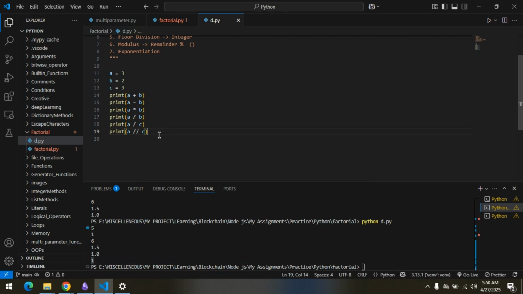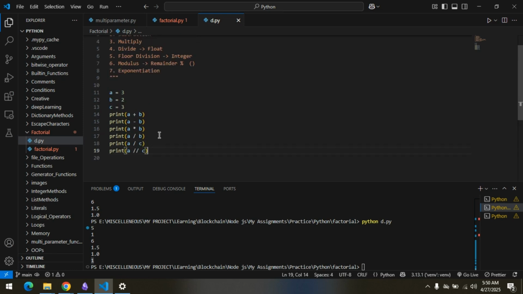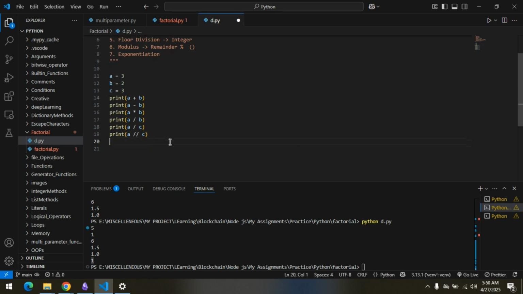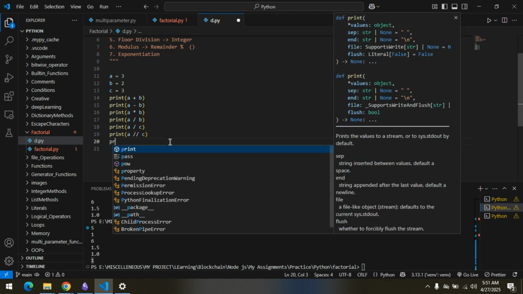Now what does a floor division do, anyways? It rounds your number down to the closest integer.